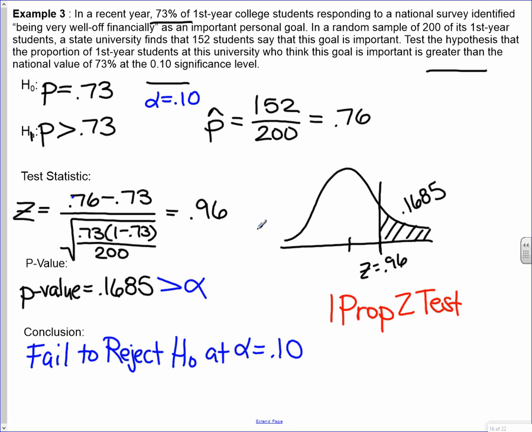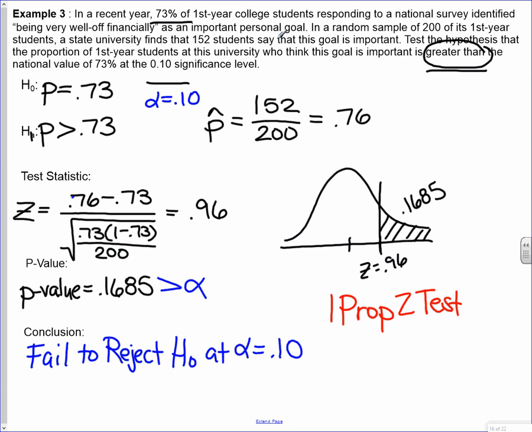Test the hypothesis that the proportion of first-year students at this university who think this goal is important is greater than the national value of 73%. Okay, so greater than tells us that the alternative hypothesis is going to be a greater than, right? The null hypothesis is always an equal to. We're doing proportions here.